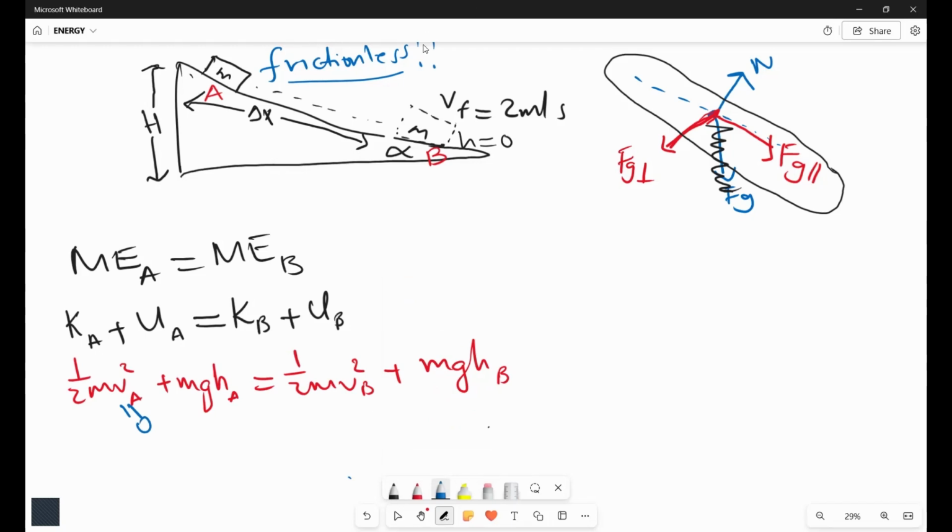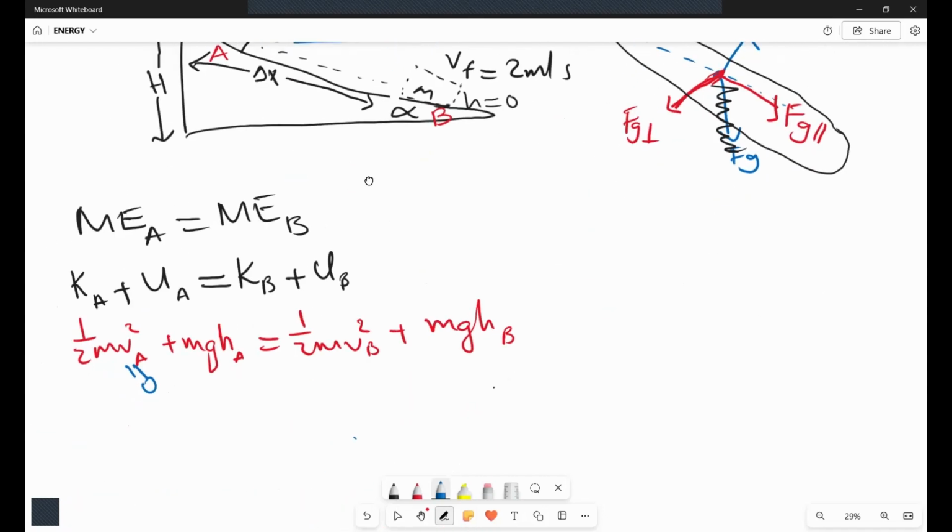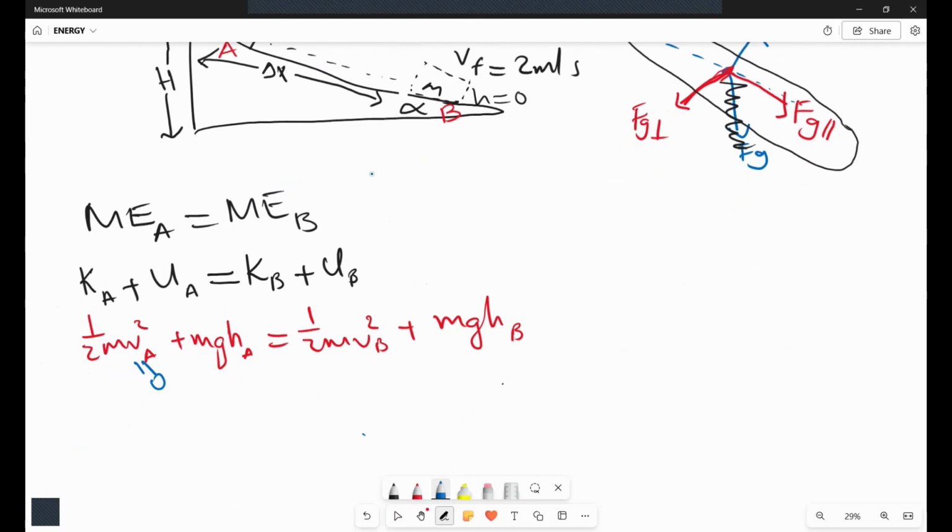Remember, I said it is moving from rest. So you won't have kinetic energy at A. So this falls off. Then we have a vertical height that is given as h, so it's going to be mgh.